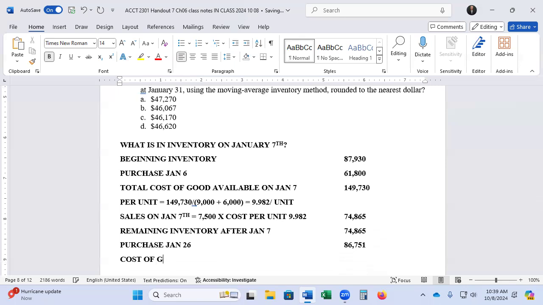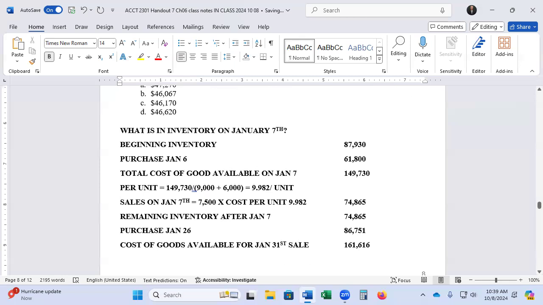And so cost of goods available for January 31st sale. We have to add those two up. Then 161,616. Okay. Thank you.